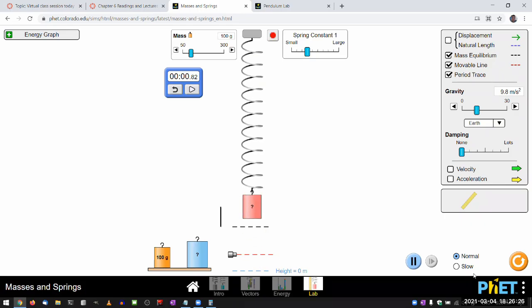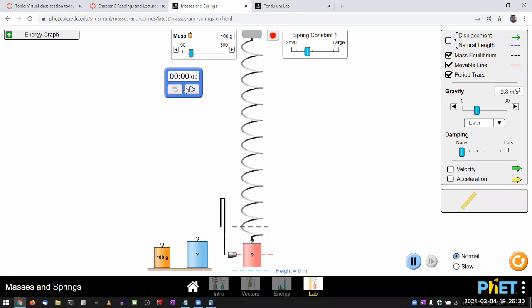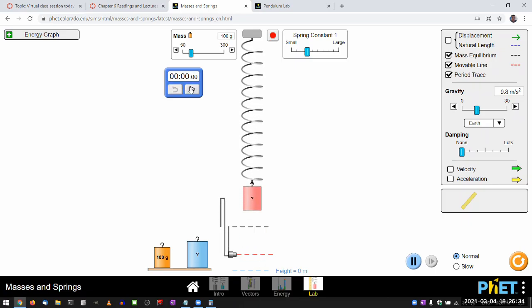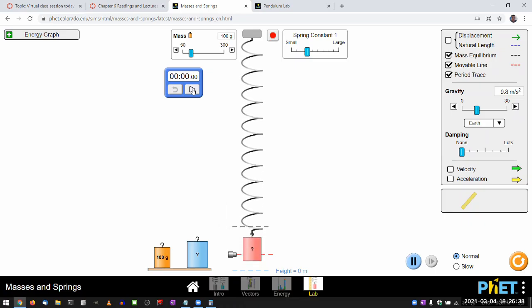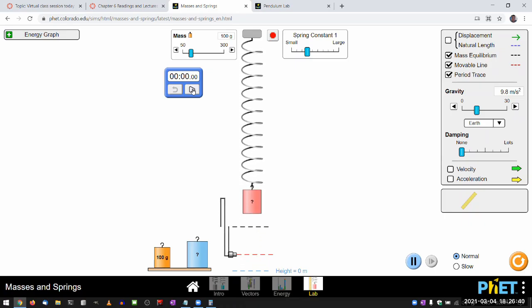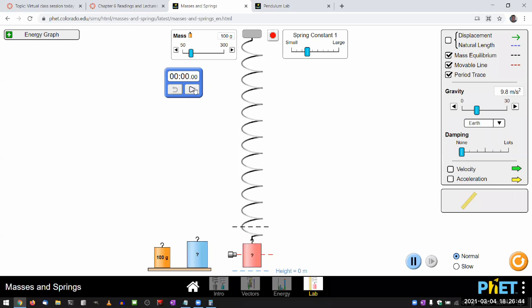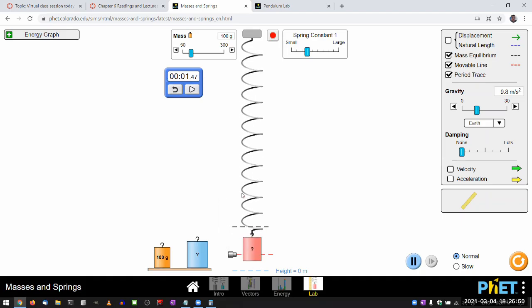And so, okay, let me catch it on the next time. Oops, sorry, I missed it. Okay, I'm gonna catch it on the way up. Yeah, the period is longer, meaning it's a slower oscillation.